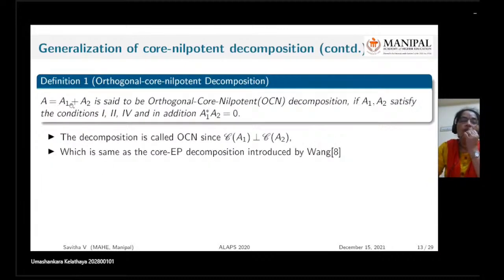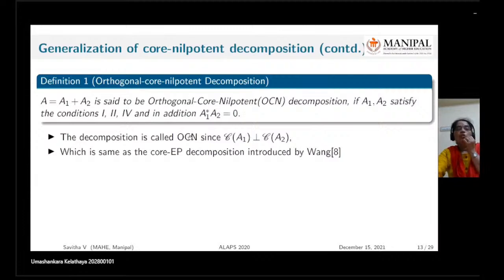Now we define: A equals A1 plus A2 is said to be an orthogonal core-nilpotent decomposition if A1, A2 satisfy conditions 1, 2 and 4, and in addition A1 star A2 equals 0.